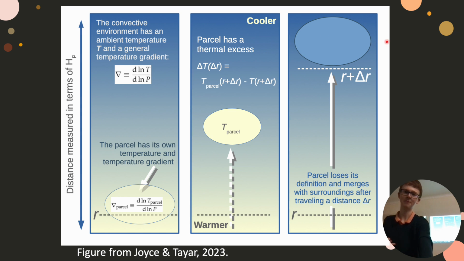It dissipates here, and we can describe this using gradients. Here's a bit of maths for you. This symbol here is called nabla, and that's a gradient. I won't lose you, don't worry. So we've got the change in temperature with respect to pressure.